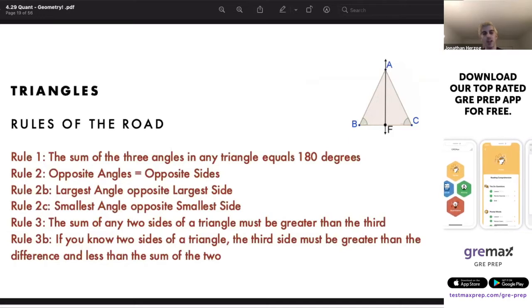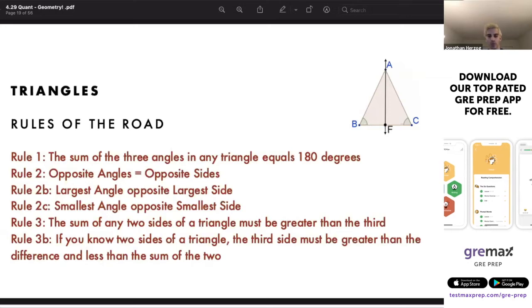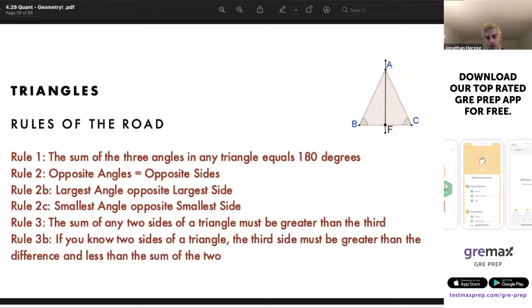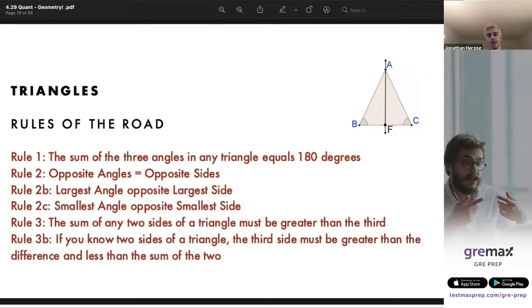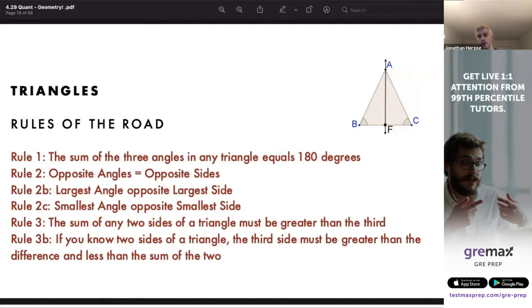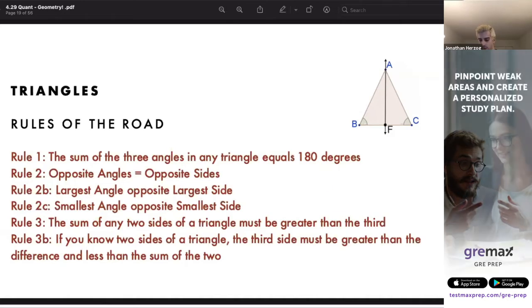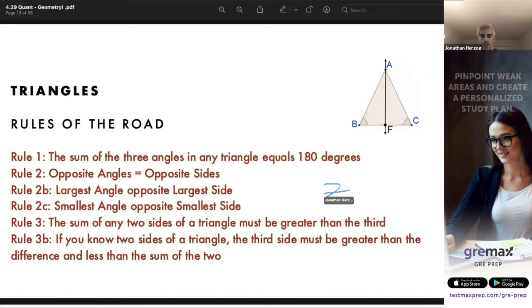Rule 3, the sum of any two sides of a triangle must be greater than the third. And corollary, if you know two sides of the triangle, the third must be greater than the difference and less than the sum of the two. This one can get a little bit confusing, but let's write it out as an expression.